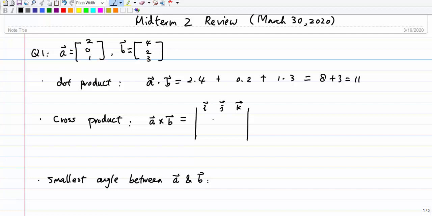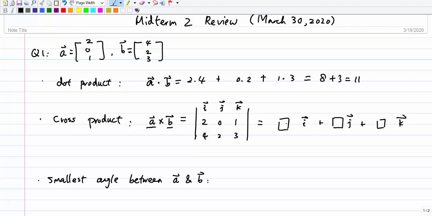The second row is given by A, which we have as 2, 1, 0, and B will be the last row, so it's 4, 2, 3. So this we can compute as something times i plus something times j plus something times k.